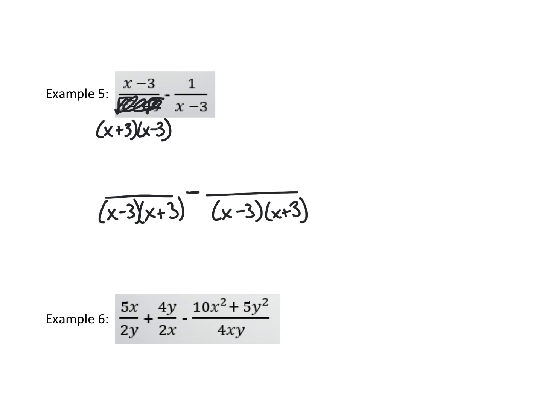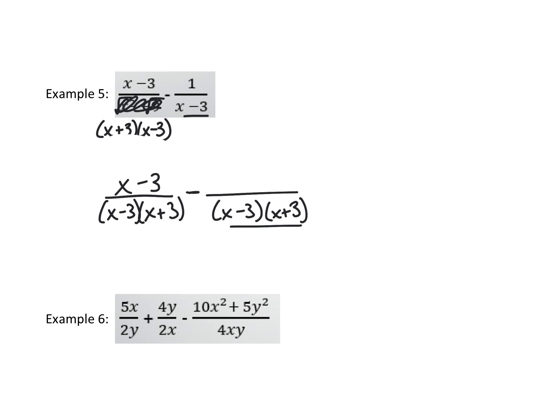Okay, now we start with the first fraction. To get from this to this, do I need to do anything? No. So what do I do? Just write x minus 3. You got it. Now to get from x minus 3 to this, do I need to multiply by anything?